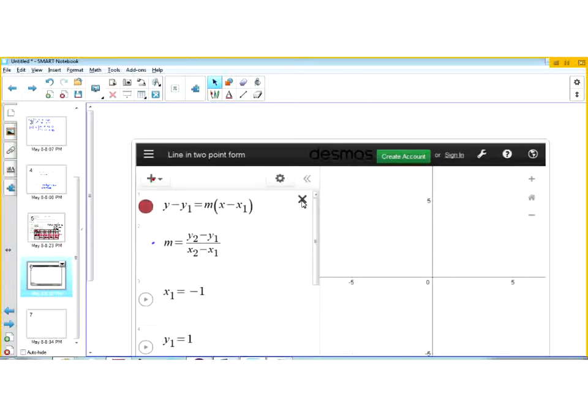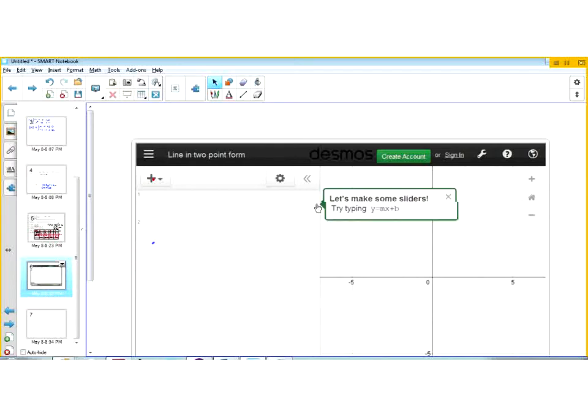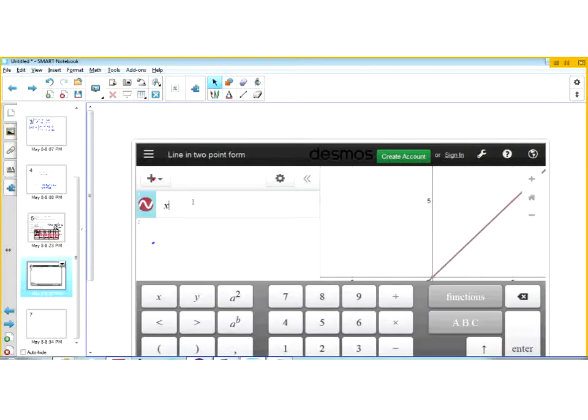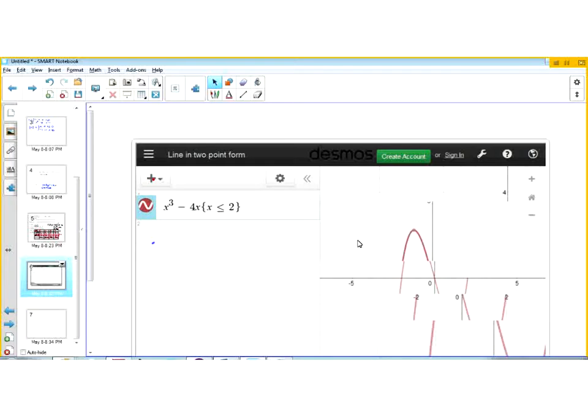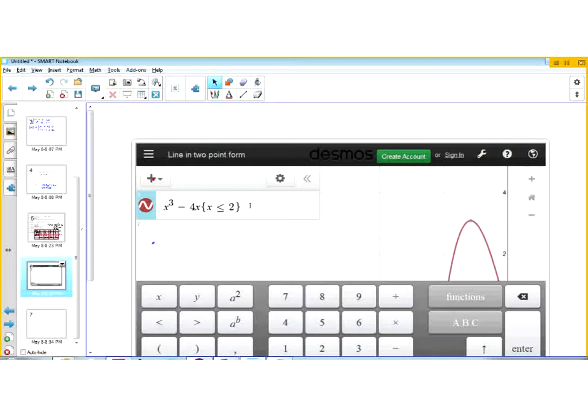So I'm going to reload the drawing. Oh gosh, it reloaded the drawing. Okay. So plot it again. So it's x cubed minus 4x, where x is less than or equal to 2. All right, so we got that. Need to set y is equal to.